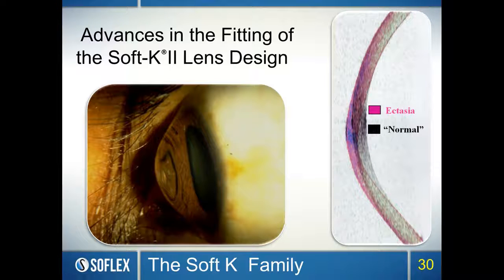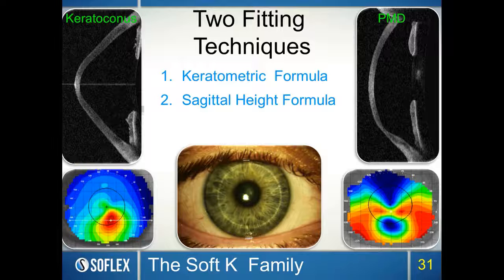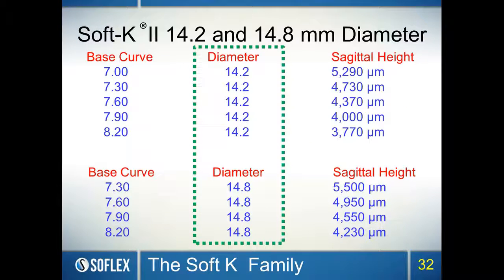The advantages in the fitting of the Soft K2 lens design: two fitting techniques, the keratometric formula and the sagittal height formula. The Soft K2 14.2 and 14.8 millimeter differ in the sagittal height.